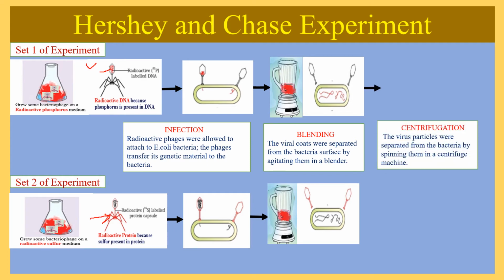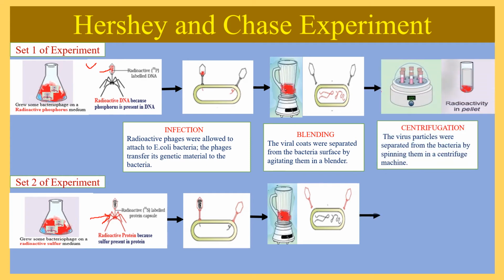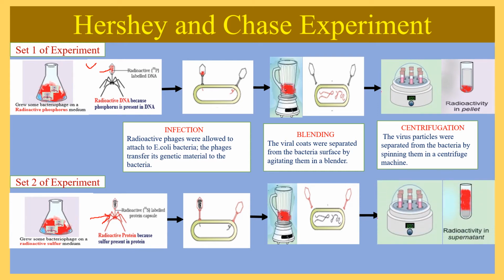In the next step, the culture media is centrifuged in a centrifuge machine to separate the bacteria from viral particles. In the centrifuge machine, high density particles or heavy molecules are deposited at the base, called pellets or deposit.